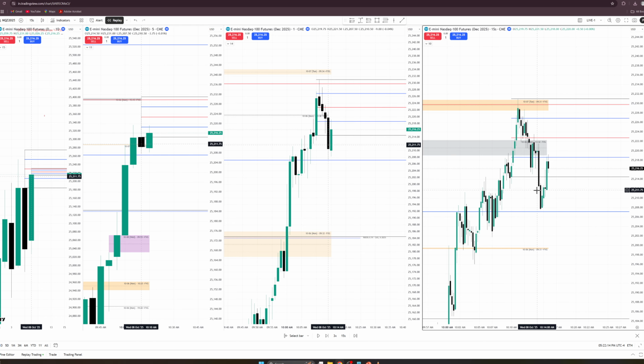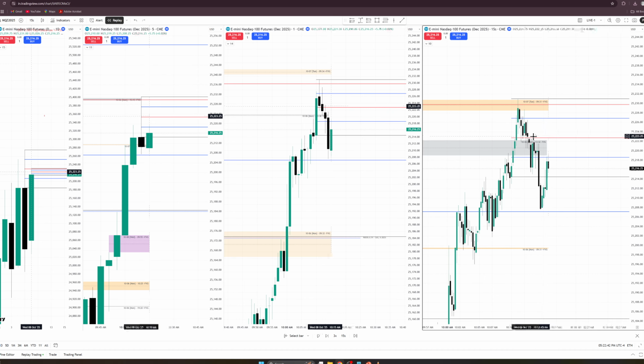So now let me play this again. My entry was once price closed below this candle, I was entering on this candle and I initially placed my stop loss above 50% of this first presented fair value gap. But again, when price was coming back up, I placed my stop loss above this 50% level of this wick quadrant levels.